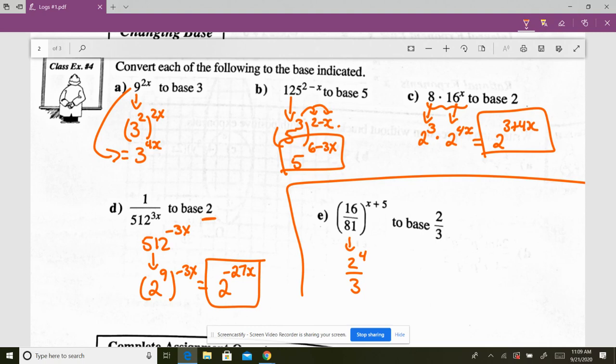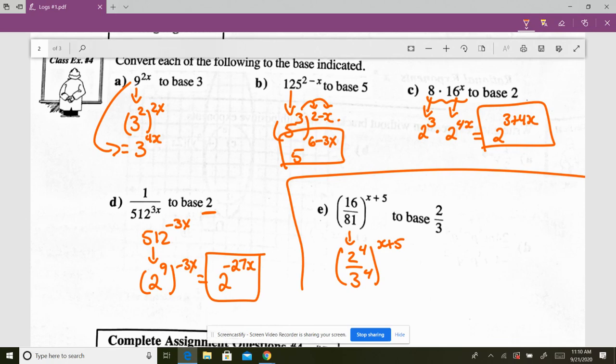It's a different type of question, okay? So they have to match. If they don't match, either you've done something wrong, not likely, I've screwed up the question, highly likely, or it's just a bonkers question that you don't know how to answer, unlikely, okay? So probably I screwed up the question. So 2 to the 4 over 3 to the 4, all raised to the x plus 5.